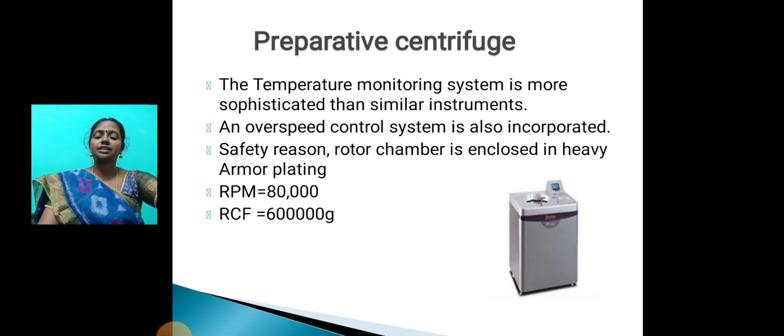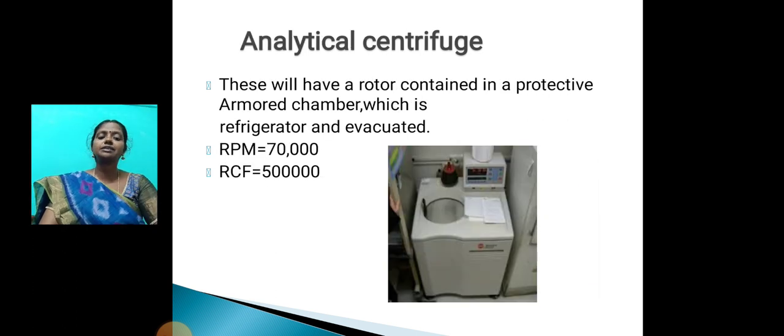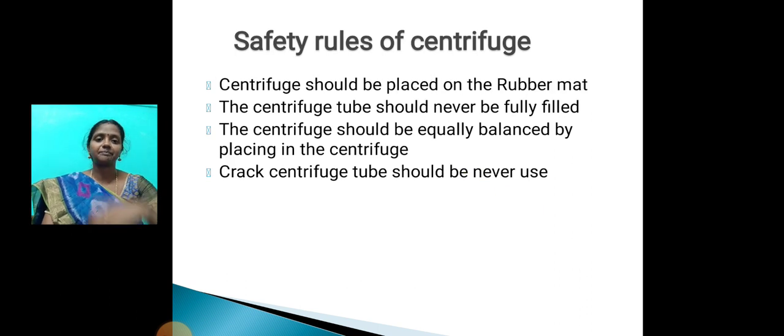In the preparative centrifuge, RPM is 80,000 and RCF is 6 lakh g. Analytical centrifuge: this type has a rotor contained in a protective armored chamber which is refrigerated and evacuated. Here, RPM is 70,000 and RCF is 5 lakh g.